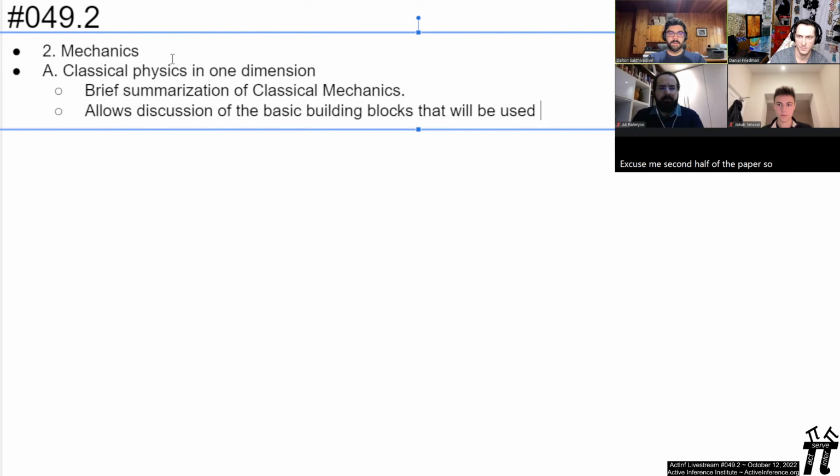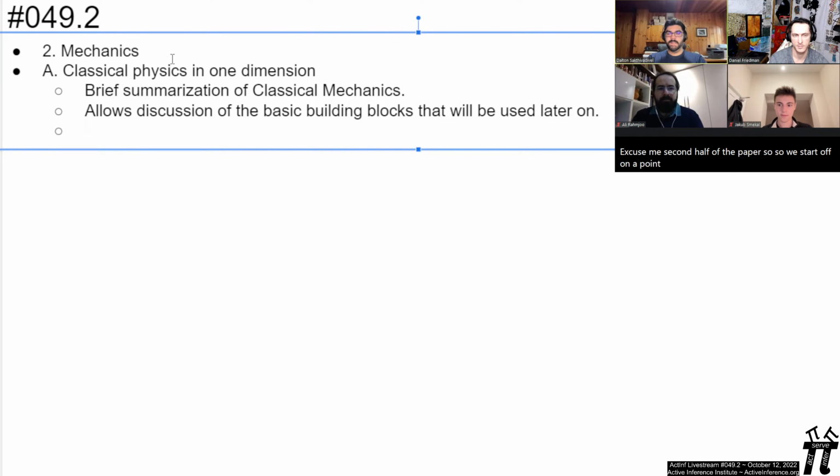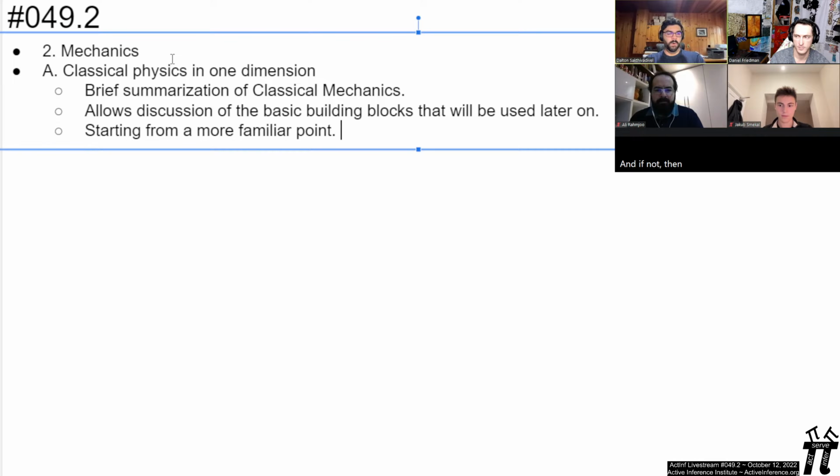So we start off on a point of familiarity, and if not, then all of that is built up so that later on, the rest of the paper is at least referencing something that has already been discussed. So just in terms of layout, it makes sense to get these preliminaries done first.